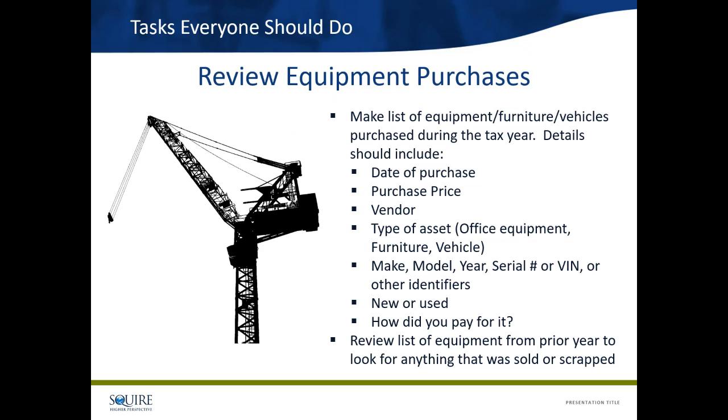And identifying information, because later on, if you've got 6 GMC Sierras and you trade one in on another one, you want to make sure that you can identify which one left and which one came in, so that when you are calculating the gain or loss on the sale of that equipment, you're using the right one that you released. And then whether it was new or used, because of course that affects the tax treatment.